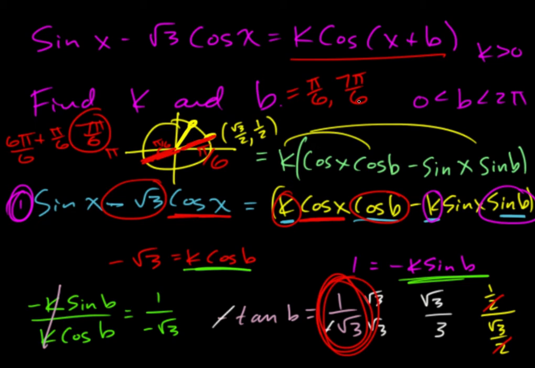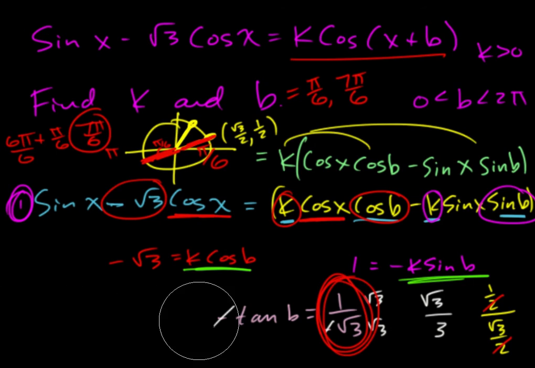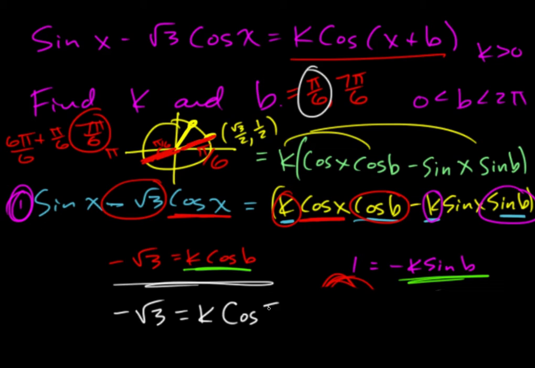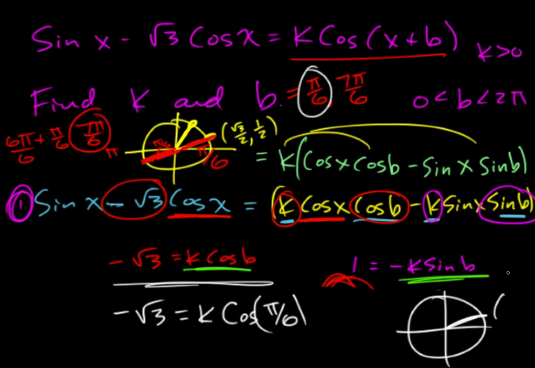Let's plug in this one first. If we plug pi 6 into this one, we're going to get negative square root of 3 equals k cosine of pi 6. On our unit circle, pi 6 is the first one.